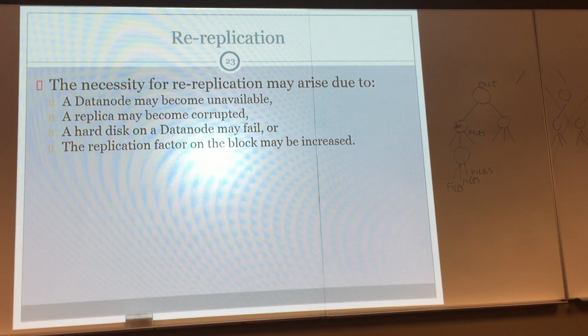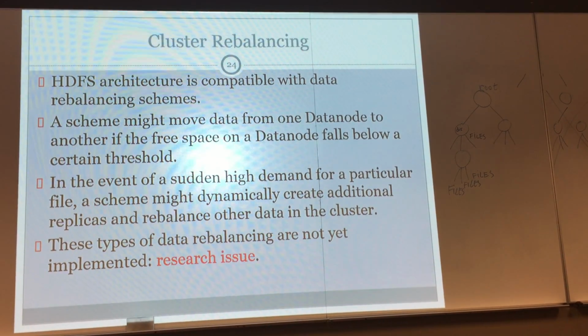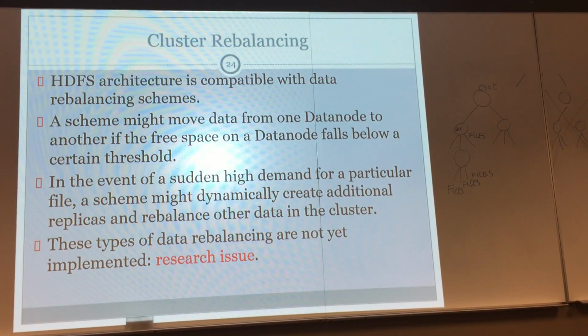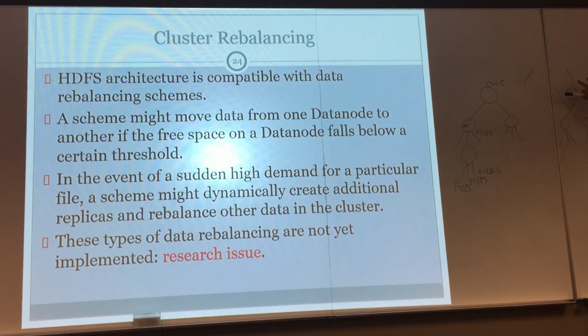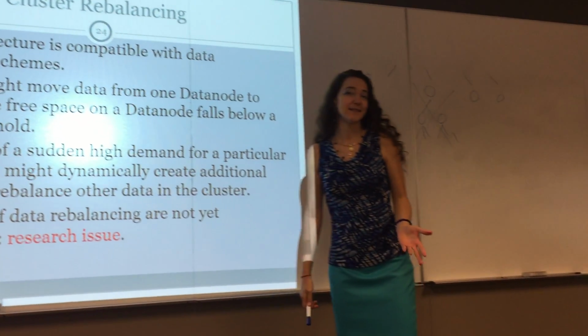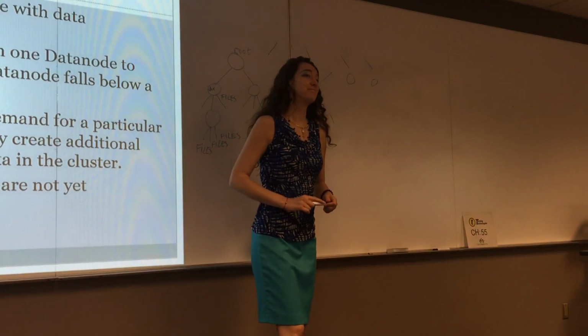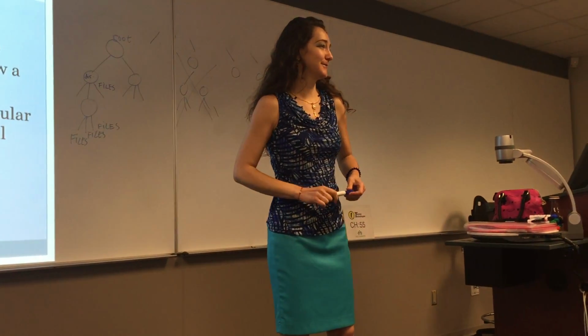Or because the data node is no longer available. It can be no longer available because it got disconnected from the network, or it can crash or hang or have a memory leak or some other problem.